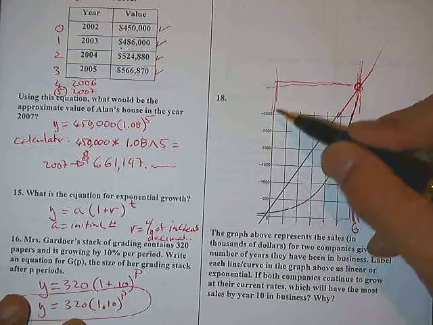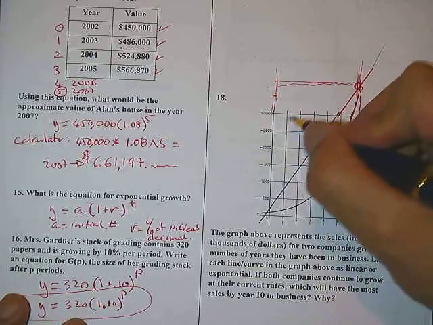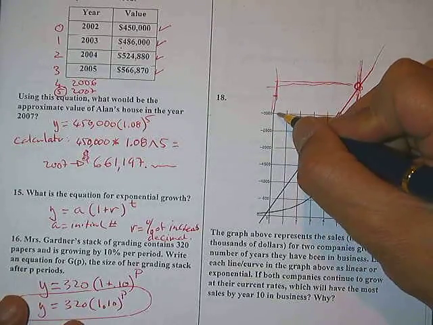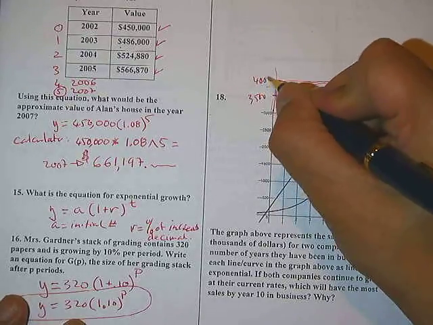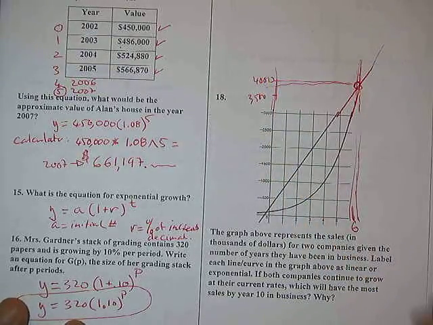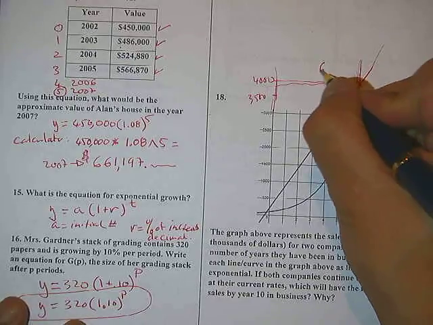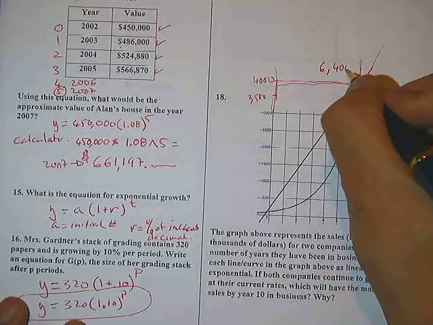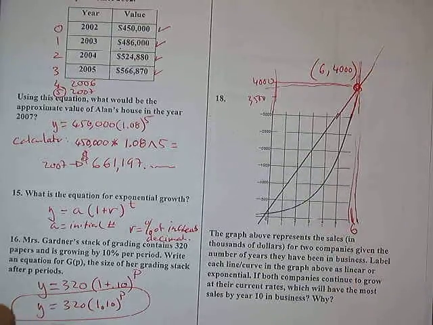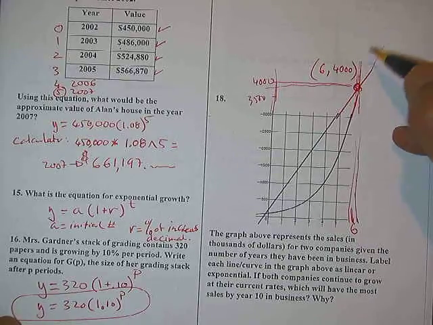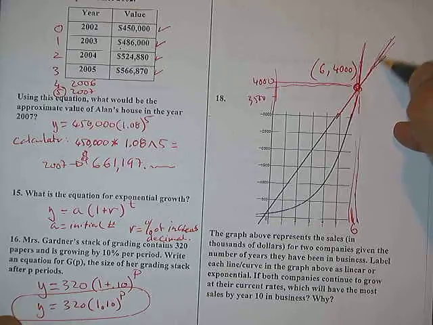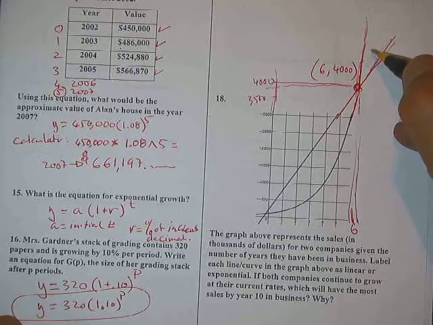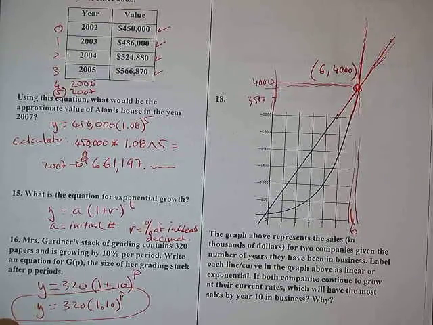All right, whatever. And then here is the exponential. So you can see that the exponential finally catches up over here. Now, it caught up over here, so what is the year here? Read that: 1, 2, 3, 4, 5. So maybe on year 6 it caught up, and then how much money are we talking about here?